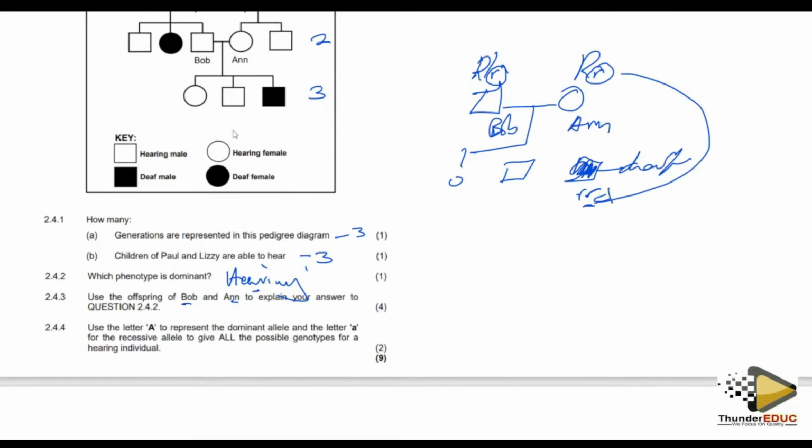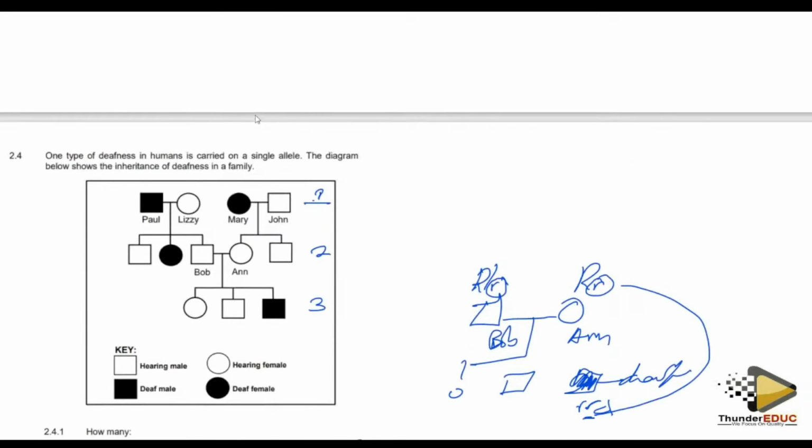So you can say that Bob, who is a male and is hearing, married Anna, who is female and is hearing. Did they say it's caused by sex linked?